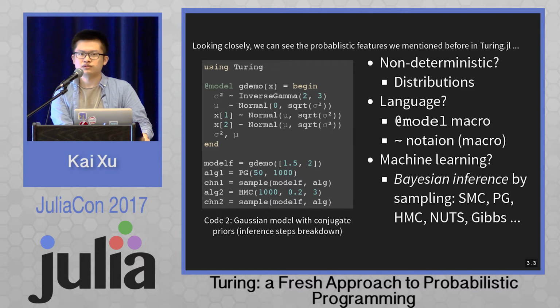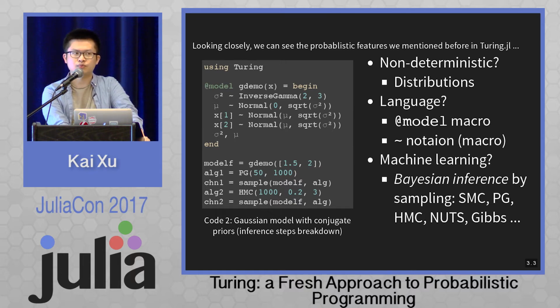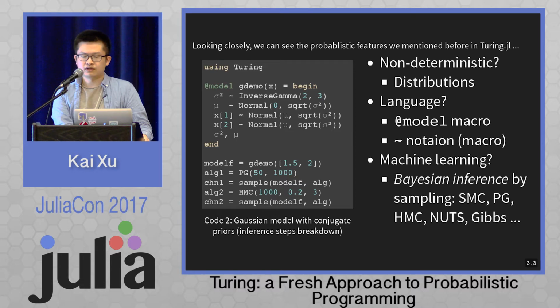When you run this program, it will generate some random number from the corresponding distribution. So this is non-deterministic. About the language, we call Turing a probabilistic programming language because we do have some syntax like this tilde notation, and we achieve this by using the metaprogramming technique in Julia.